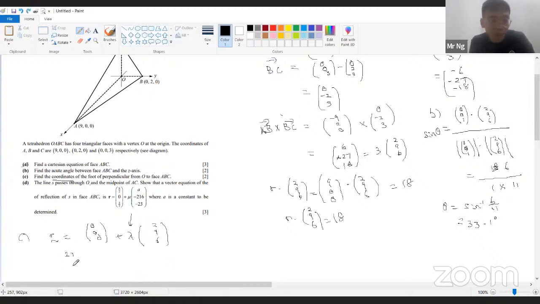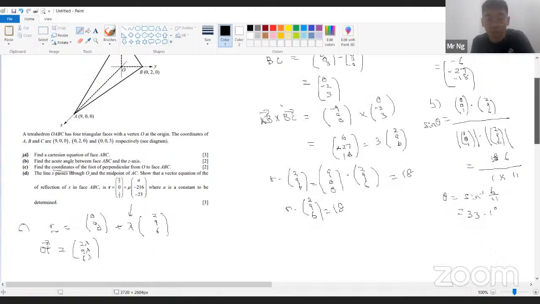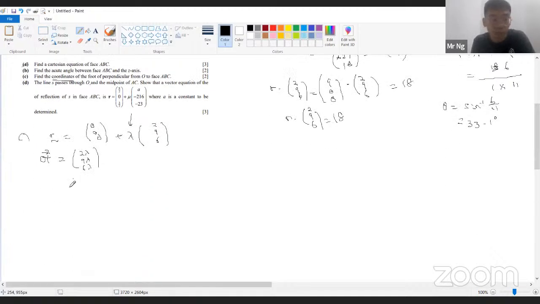So for the foot of perpendicular, say F, OF equals 2 lambda, 9 lambda, 6 lambda. Because F lies on the line we just formed, and OF is a position vector, we can put it inside the plane, dot 296.